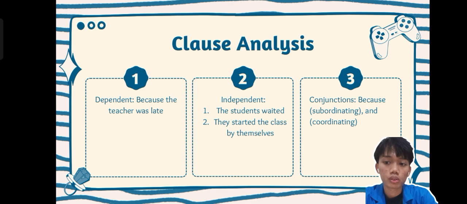The subordinating conjunction because connects the reason, and the conjunction and joins the two independent actions. Therefore, this sentence correctly qualifies as a compound-complex sentence because it contains two independent clauses and one dependent clause.